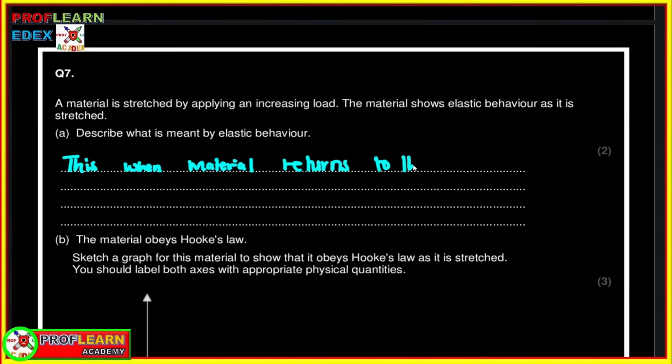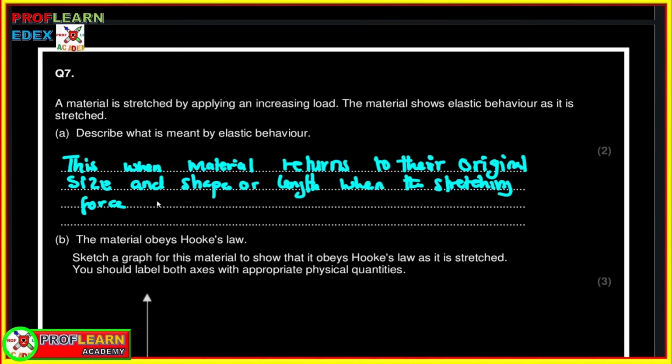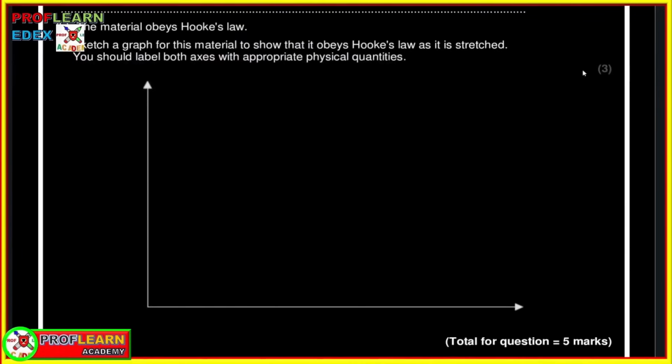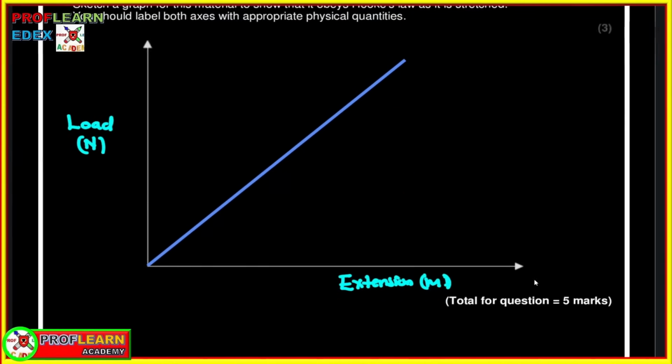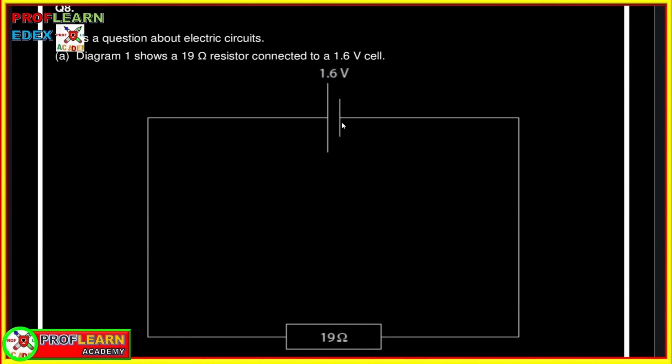This is when materials return to their original size and shape when the stretching force is released. Then if a material obeys Hooke's law, that's the kind of graph you're going to have. But if a material does not obey Hooke's law, for instance a rubber band, it behaves like that. So in this question, we're supposed to draw for a material that obeys Hooke's law.